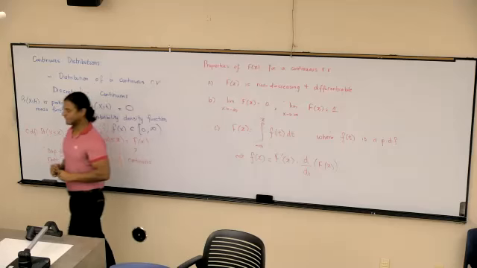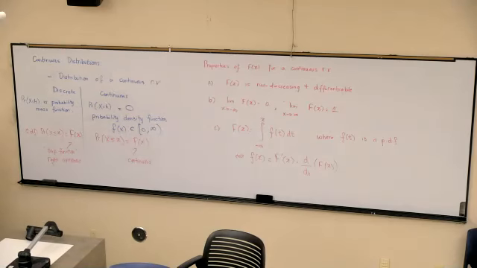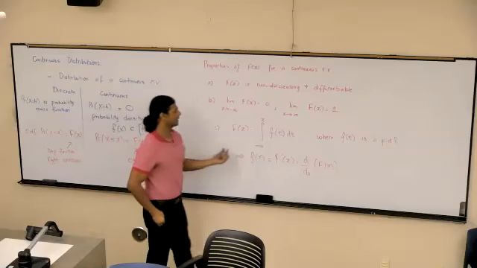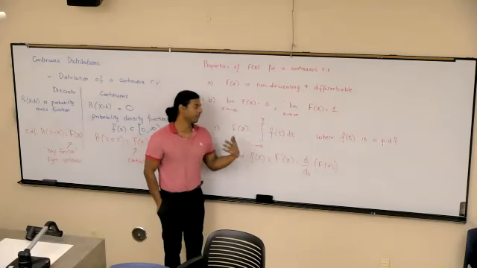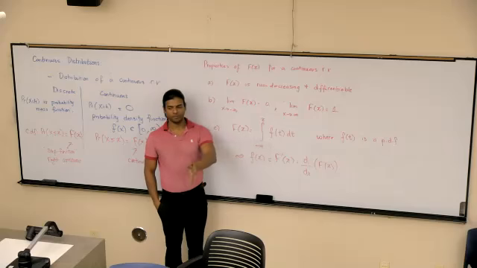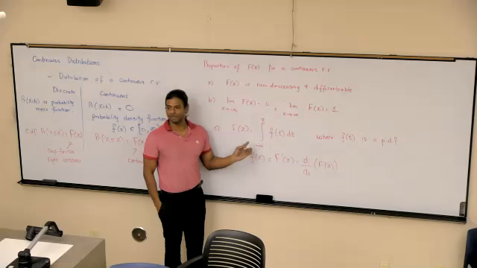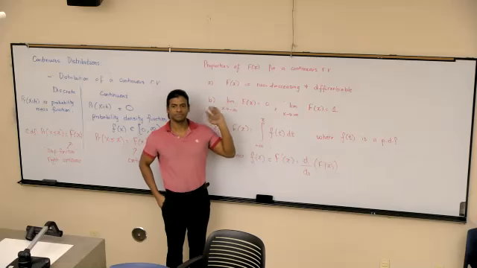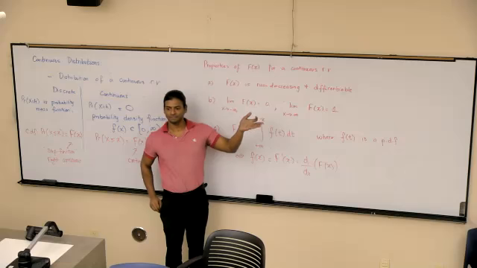So if we take the derivative of the CDF, we will get the PDF. If we integrate the PDF, we will get the CDF, but it has to be on the support of the density, which is why I'm starting at negative infinity. If the support starts at A, then it will simply be A to X. Does that make sense? Yes?